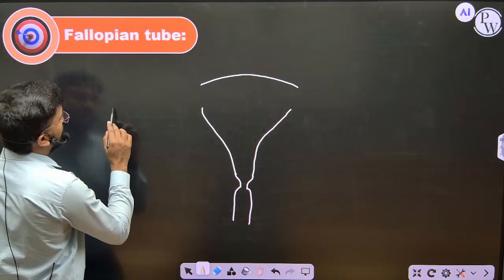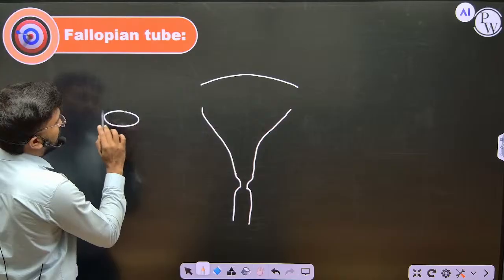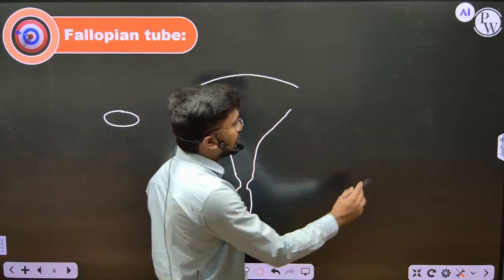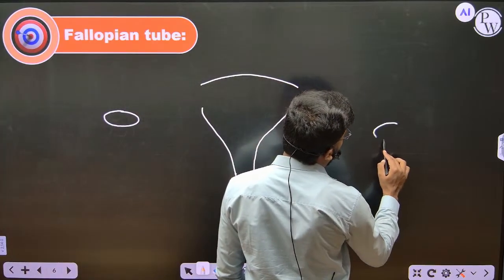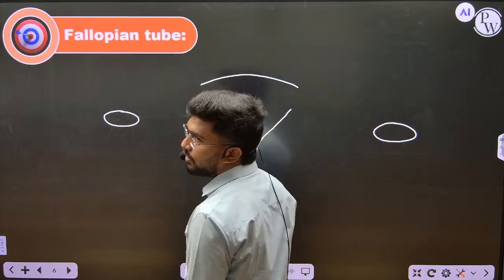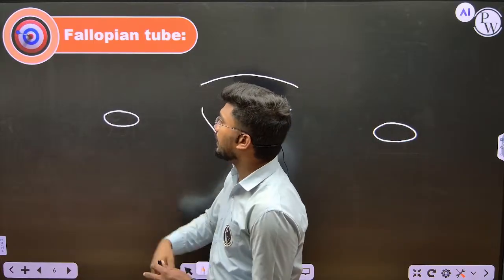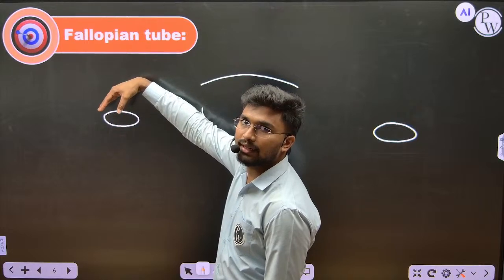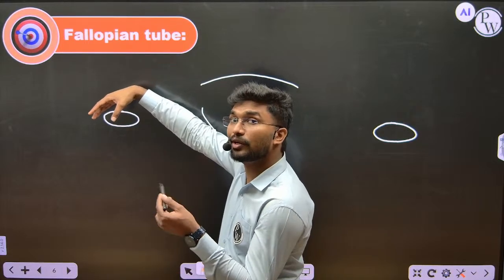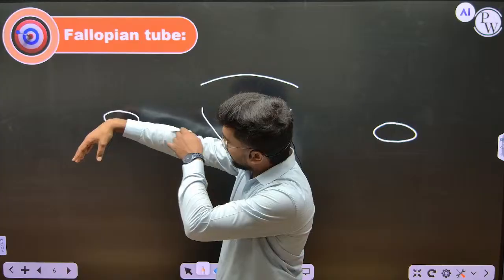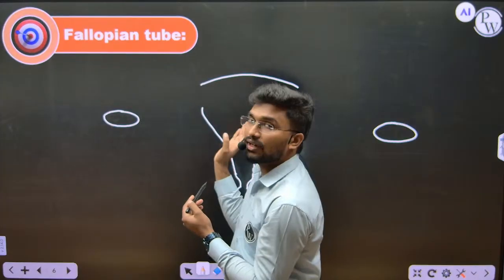A pair of fallopian tubes are there. The most important point with respect to the fallopian tube is that it starts from the periphery of the ovary. If this is the ovary, above the ovary the fallopian tube is starting, and it continues and ends at the uterus.